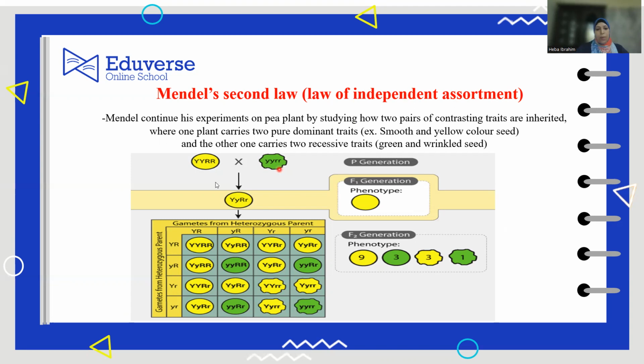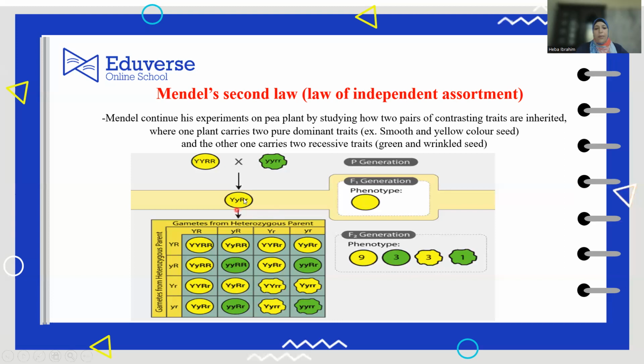Okay, so after crossing smooth and yellow seeds with green and wrinkled seeds, in the first generation, all the individuals will be yellow and smooth. Meaning 100% dominance, which is called complete dominance in the first generation.